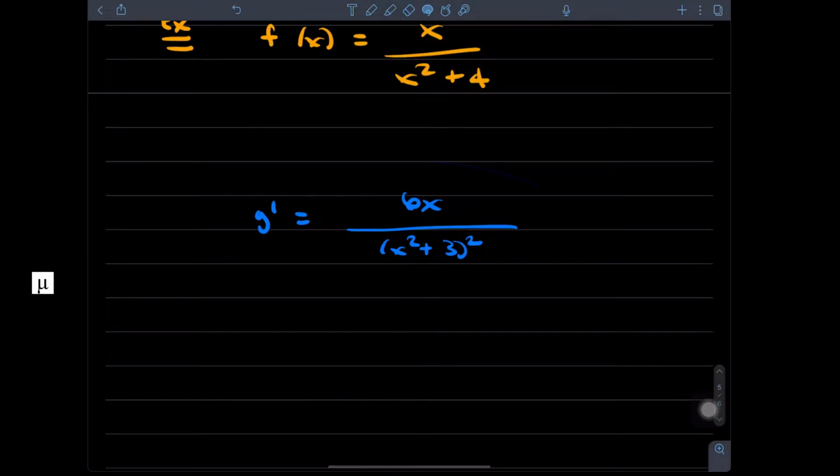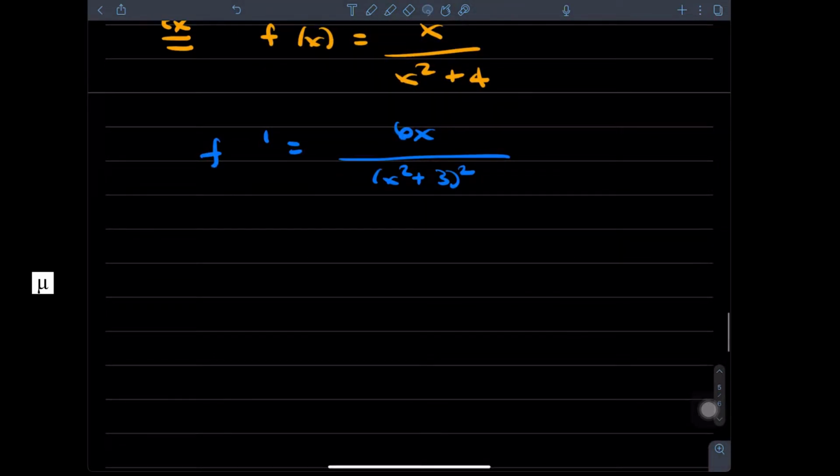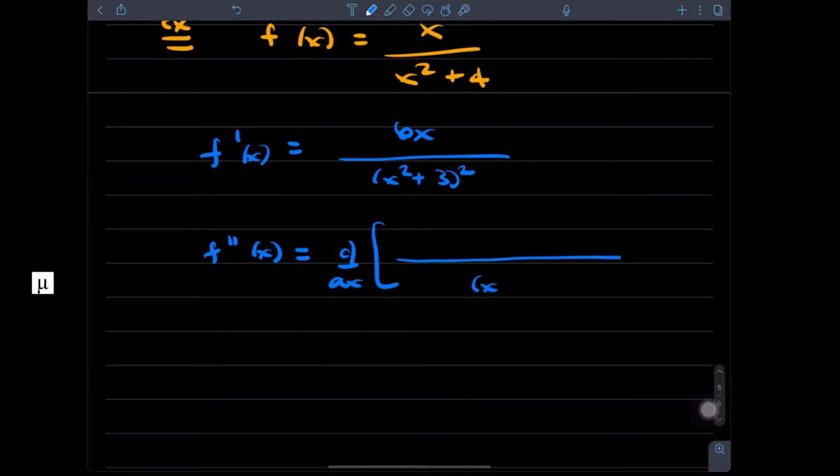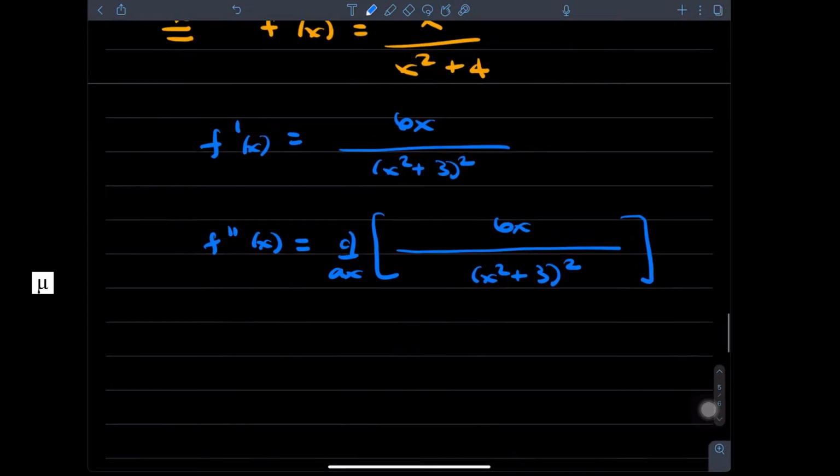We did this already. Okay. We need to do what now? The second derivative, right? And that's the derivative of what? The first derivative. So you'll have x squared plus 3 squared. And this is what? 6x. All right.